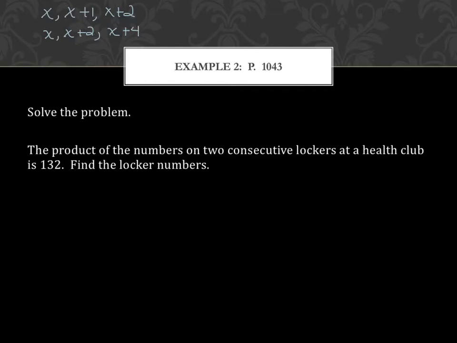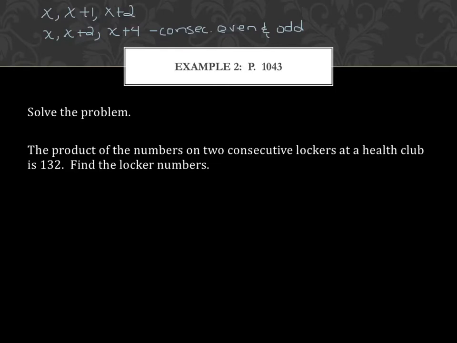Now notice this is for consecutive even and odd, because to get from one odd number to the next, you add 2. So if I start with the odd number 21, I have to add 2 to get 23, add 2 more to get 25. So it's not plus 2, plus 4 because those are even numbers.